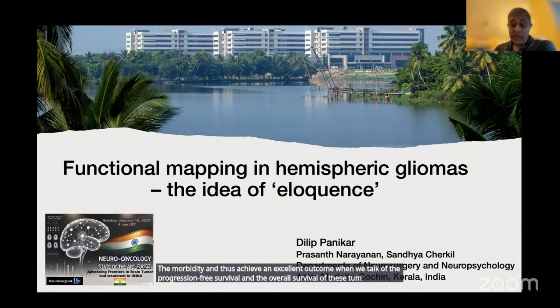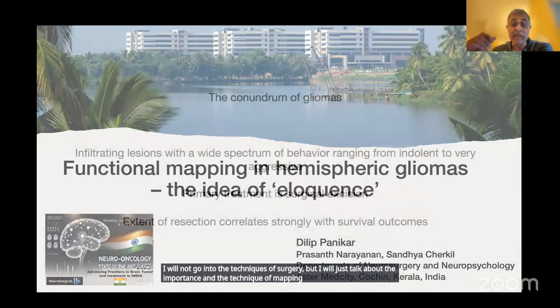So my talk here will essentially focus on this subset of functional mapping. I will not go into the techniques of surgery, but I will talk about the importance and the technique of mapping and what we do at our center.